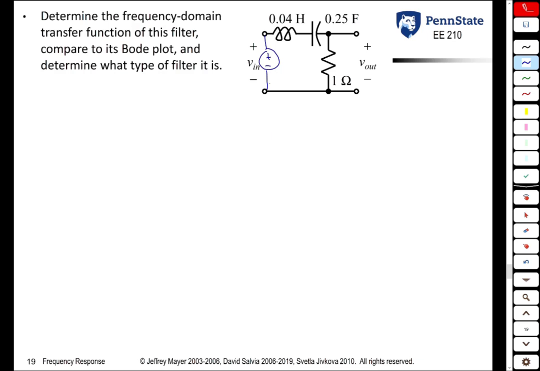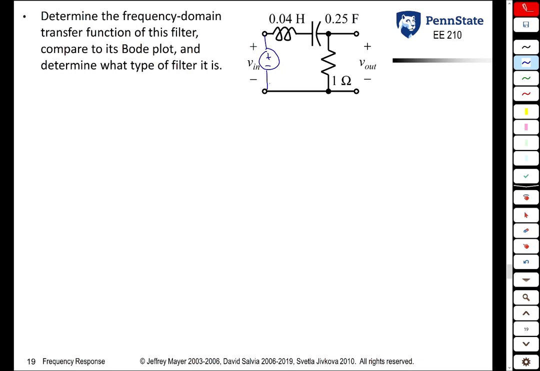But what happens in between? There's going to be some frequency in between where the capacitor's impedance is going to cancel the inductor's impedance. Remember, the inductor's impedance is always positive. The capacitor's impedance is always negative. So there's going to be some frequency where you're going to get jX and minus jX, and you get a total impedance along that top branch of 0, which is just a wire.